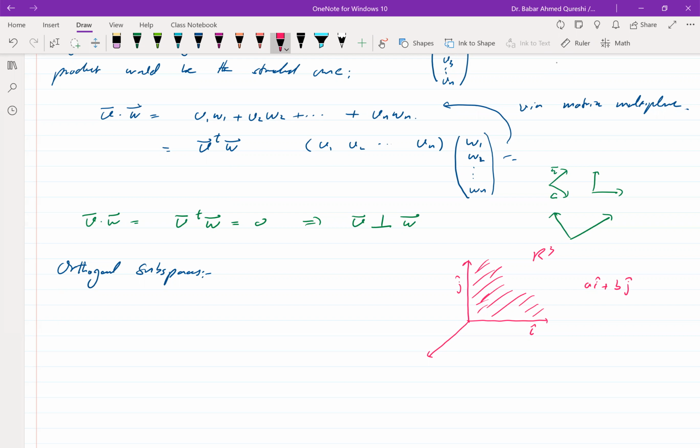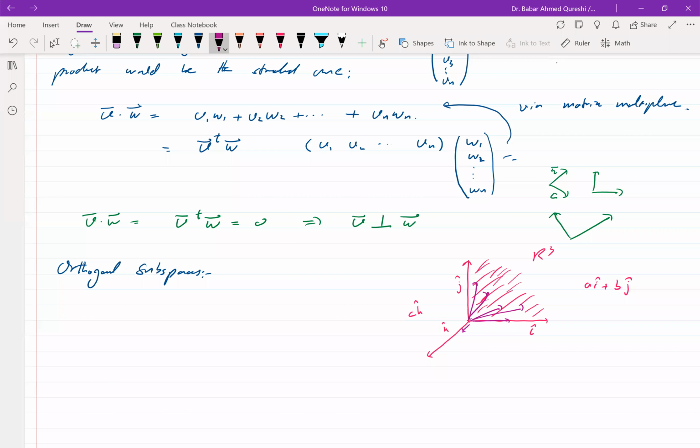Then I have a one-dimensional space spanned by k, vectors of this type. Every vector in this subspace, which is the shaded plane, this one, this one, or this one, doesn't matter, is perpendicular to every vector in the span of k.